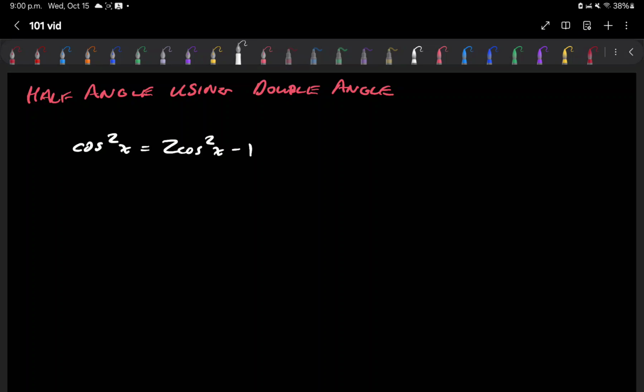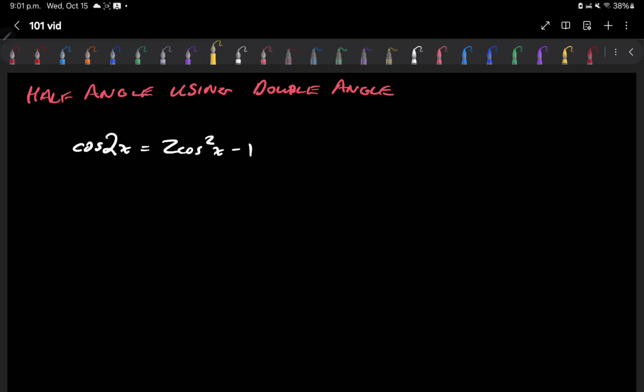So we're going to start off with the cos half-angle identity. We have cos 2x, not a cos squared x, sorry. We have cos double x is equal to 2 cos squared x minus 1.